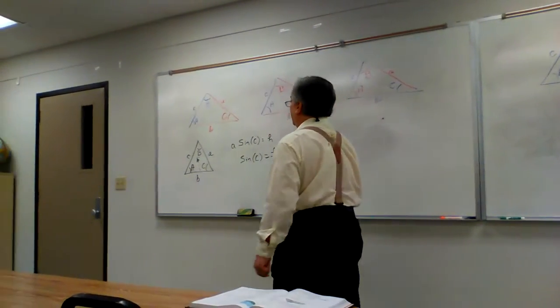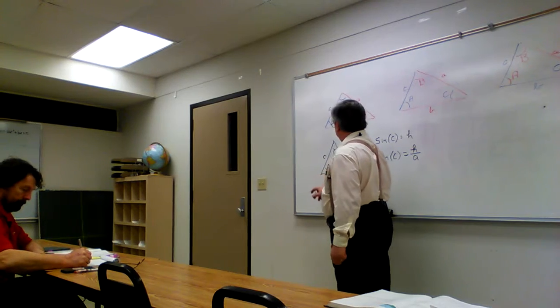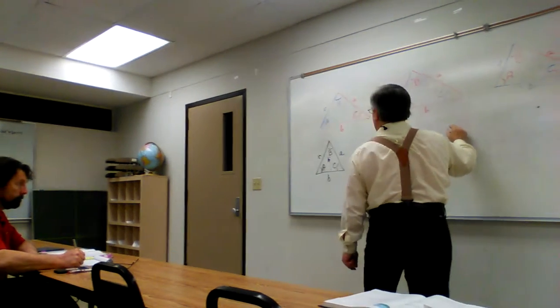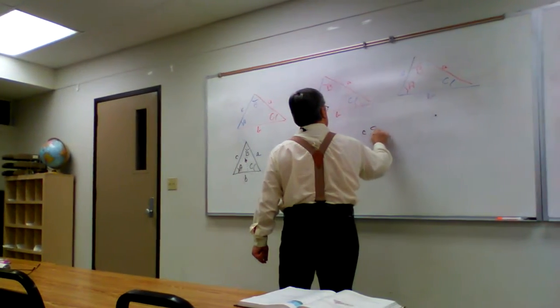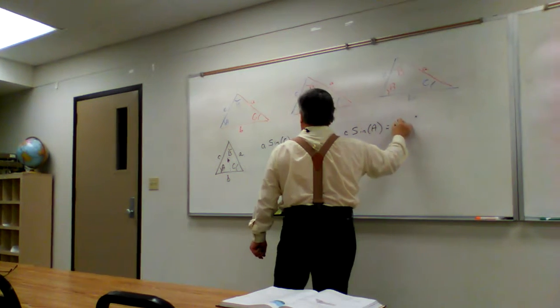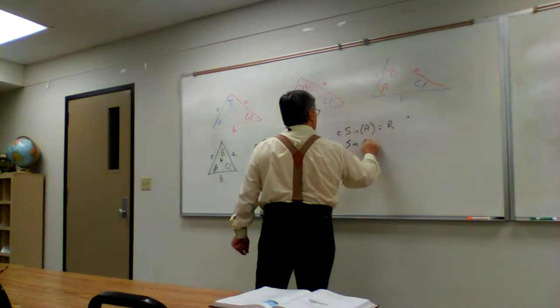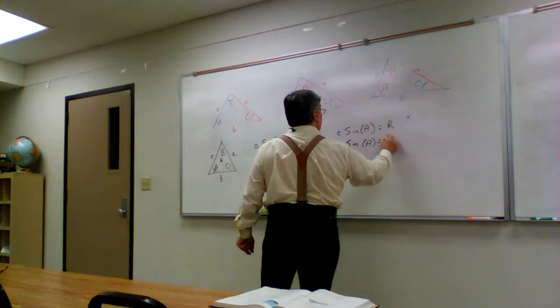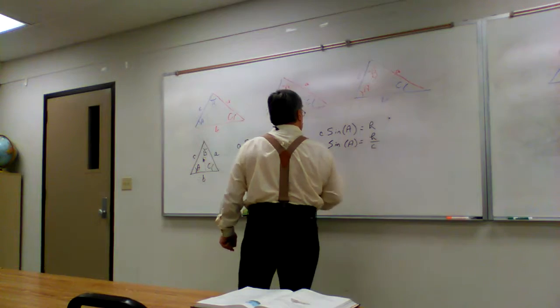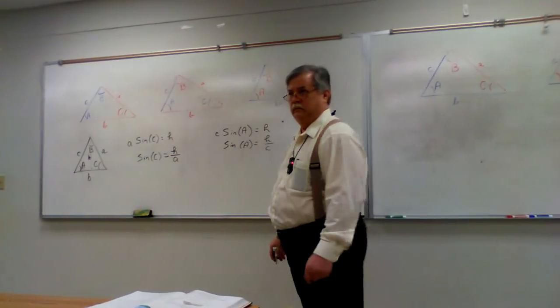Now, by the same argument, we know that C times the sine of A is also equal to the same height h. Everybody see that?